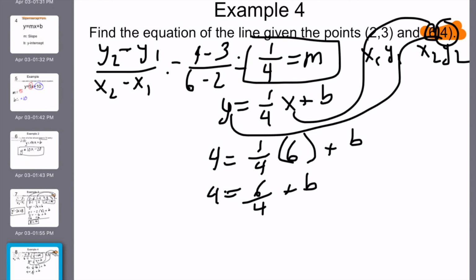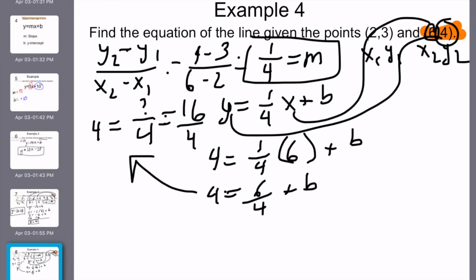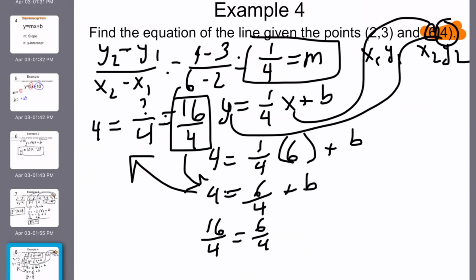Now, what I need to do is change this 4 to have a common denominator of 4. I know that 4 times 4 equals 16, and 16 divided by 4 equals 4. So I'm going to take this 16/4 and plug it in for 4 here. So I get 16/4 equals 6/4 plus b.